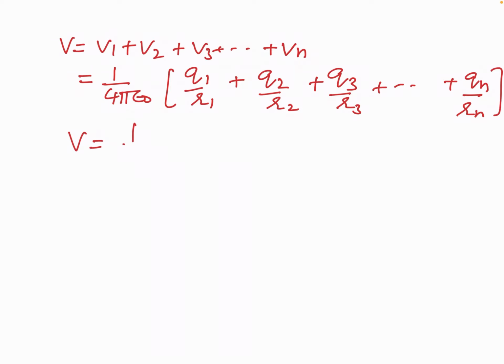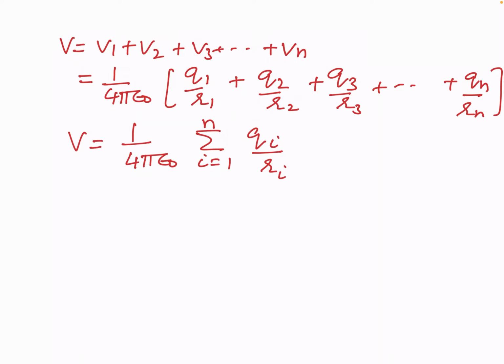Or this can be written as V will be equal to 1 upon 4 pi epsilon sigma i varies from 1 to n, Qi upon Ri, where R1, R2, R3, Rn are the position vectors of the n number of charges.